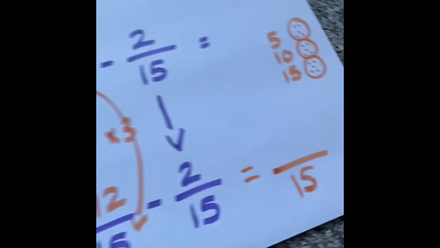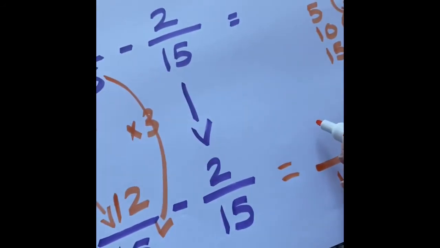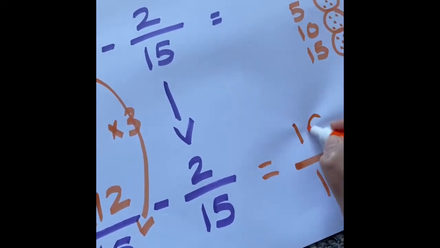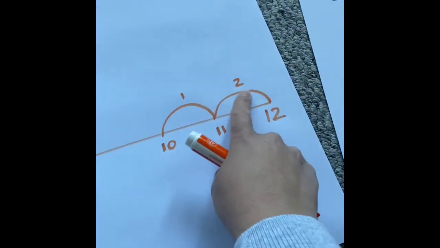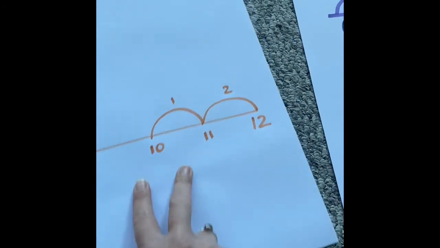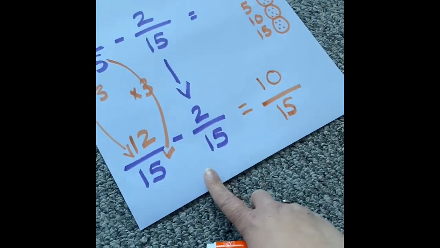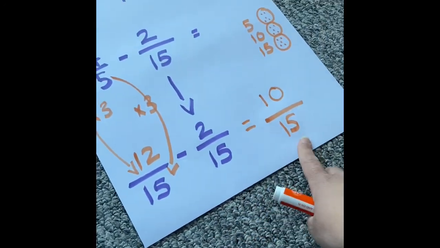My answer is 10/15. Got 12, I'm subtracting 2 away, get to 10 on my number line. 12/15 take away 2/15 equals 10/15.